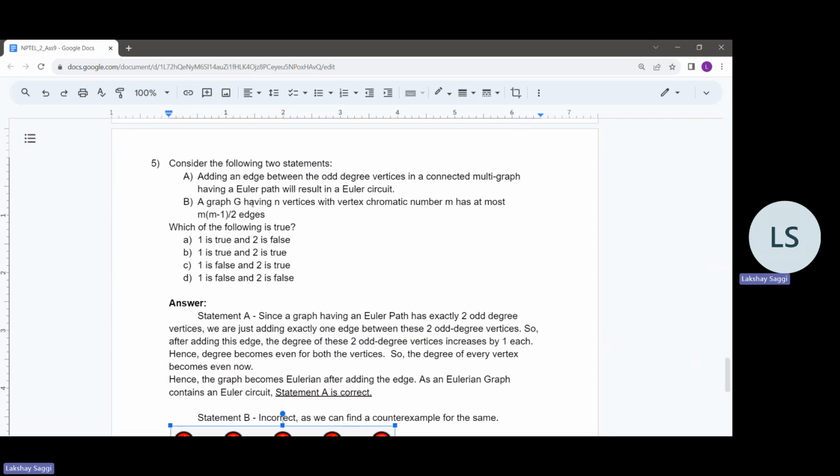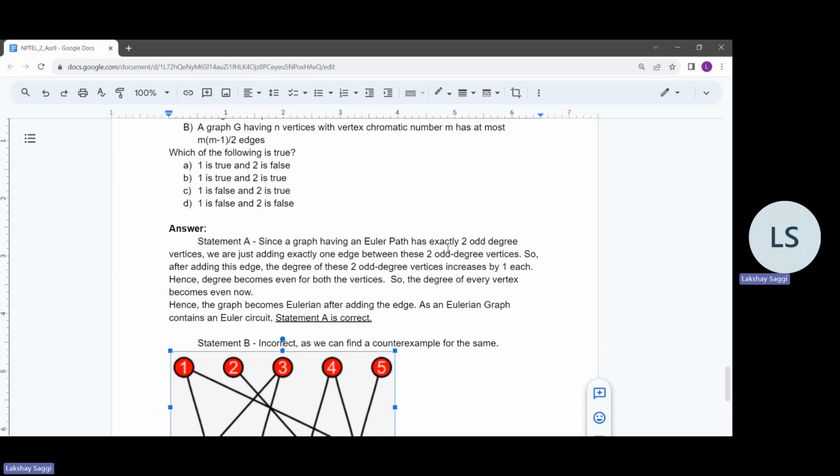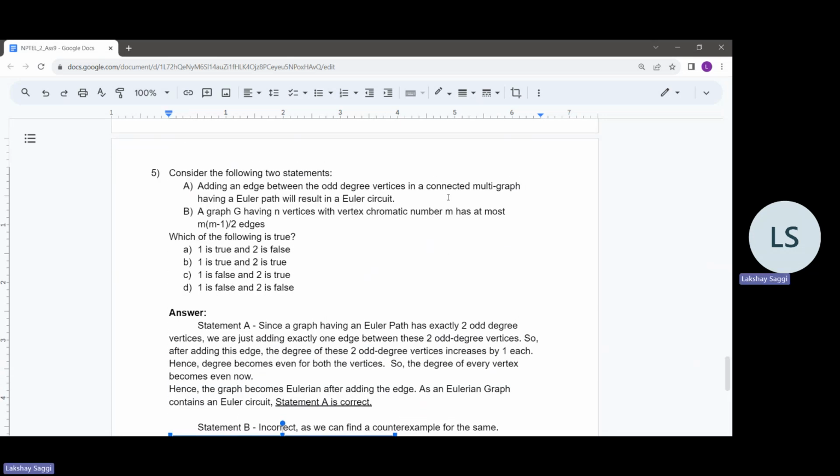So a graph G having n vertices with vertex chromatic number M, here in this graph, M is equal to 2. So this statement says that if the vertex chromatic number is M, then it should have at most M(M minus 1) by 2 edges. Because M is equal to 2 in the bipartite graph, it should have at most 2 into 1 by 2, which is just 1 edge.